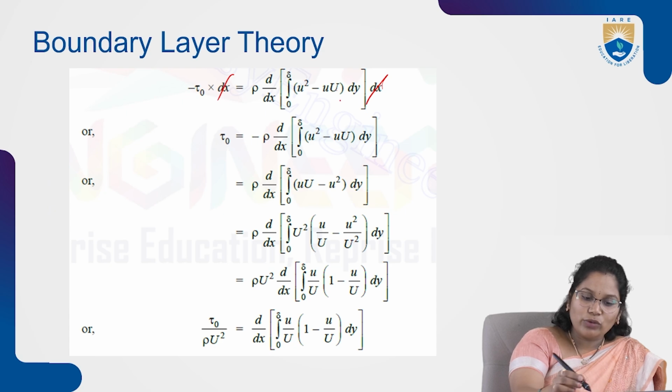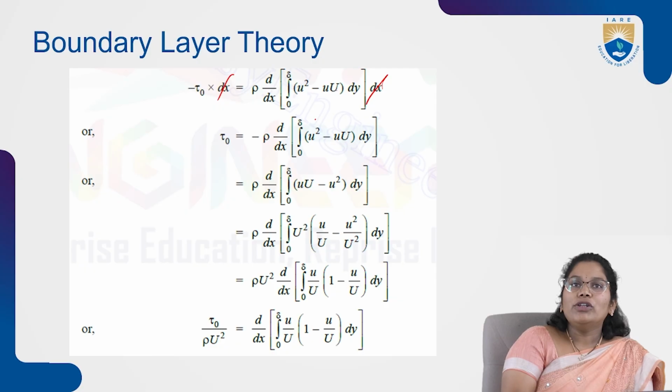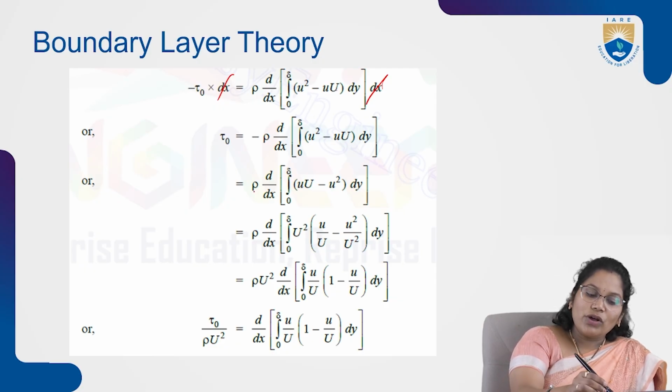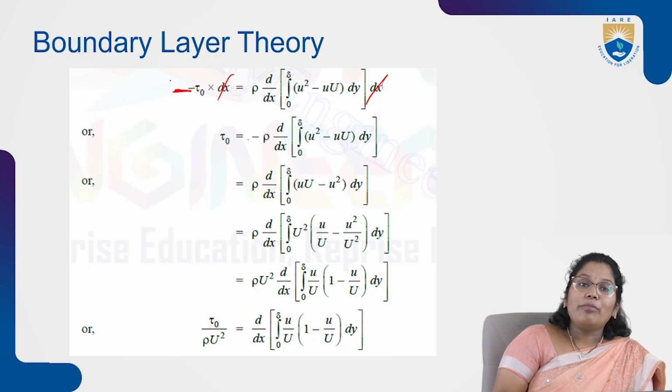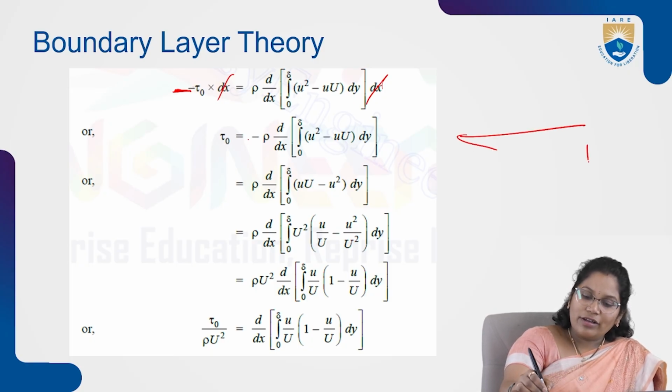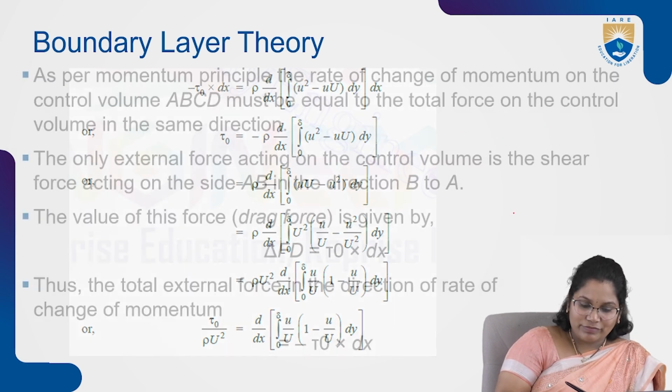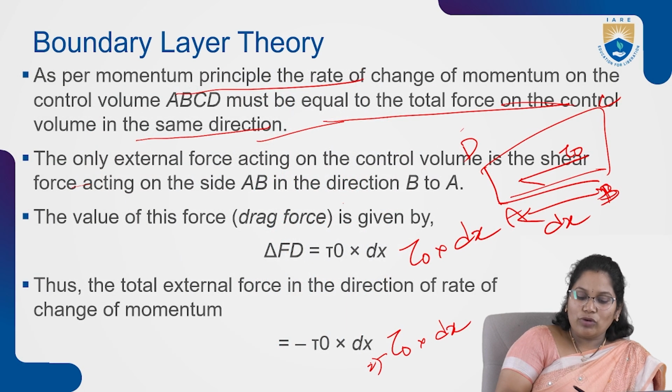Tau is equal to minus rho into d by dx integration of 0 to delta u square minus u capital U into dy. There is a minus sign here because the force is moving in the B to A direction, the opposite direction, so that's why we are taking minus tau naught into dx.